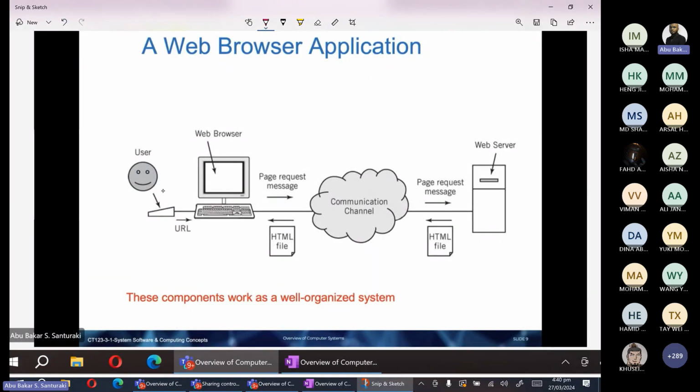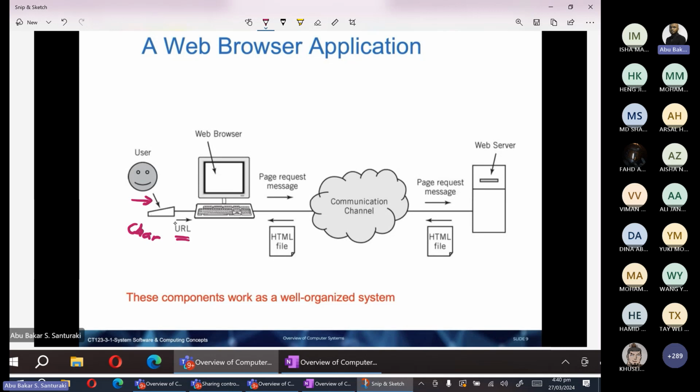This arrow pointing to the keyboard specifies that we're typing a bunch of characters, and these characters represent information about the problem that we want to solve. In other words, we're giving a URL. URL stands for Universal Resource Locator. It's the address of an item on the internet.